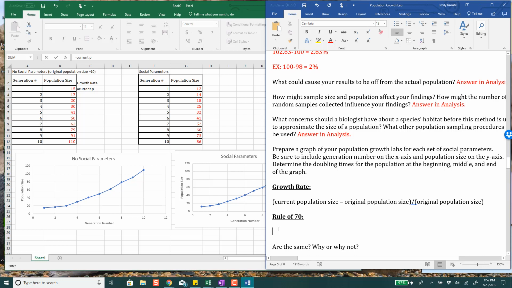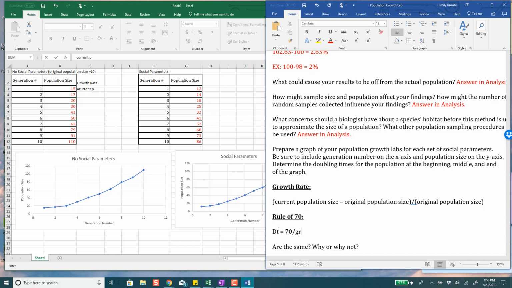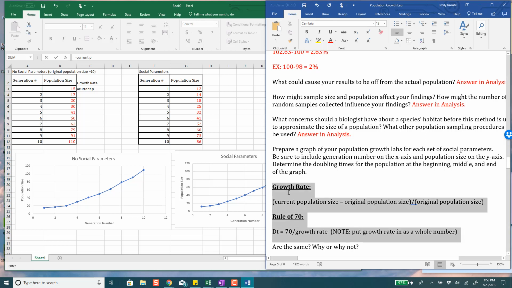So the doubling time is equal to 70 divided by the growth rate. And you want to put the growth rate in as a whole number. And I'll explain how to do that. Okay? So that's how you do this part.